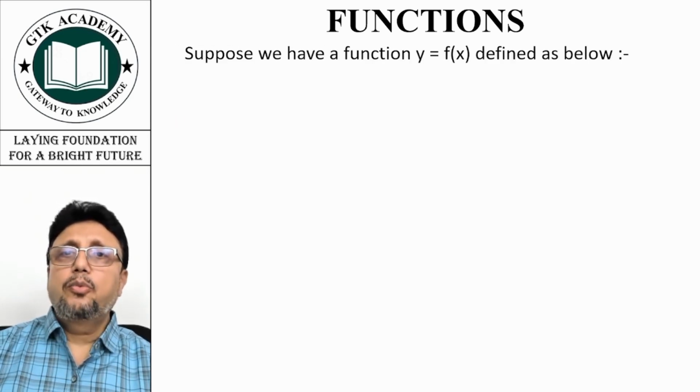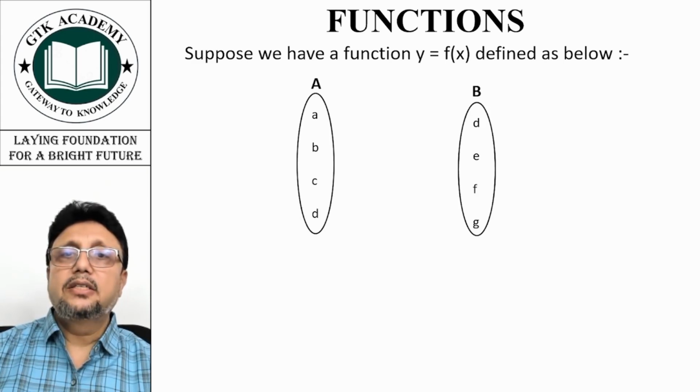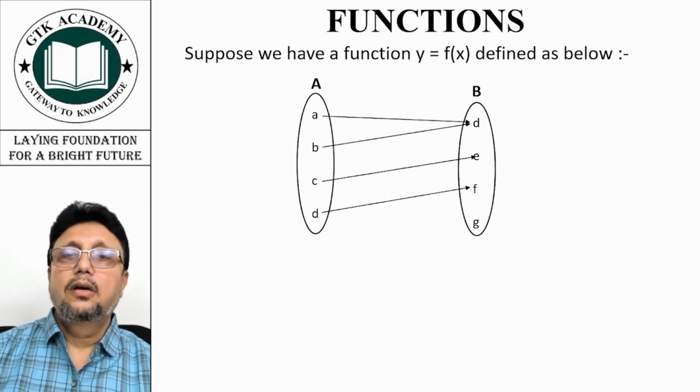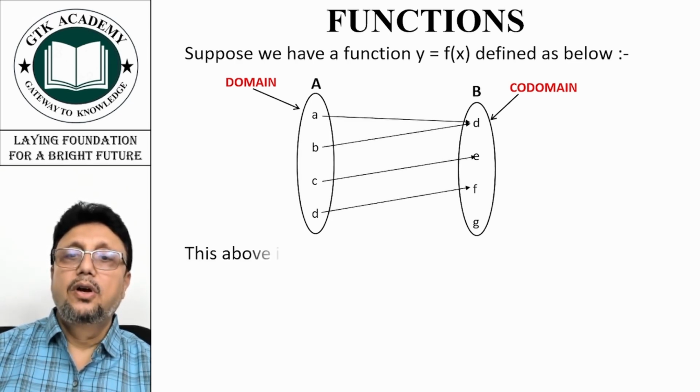Now suppose we have a function which is defined like this. So this is domain and this is codomain, and D, E, F is the range.